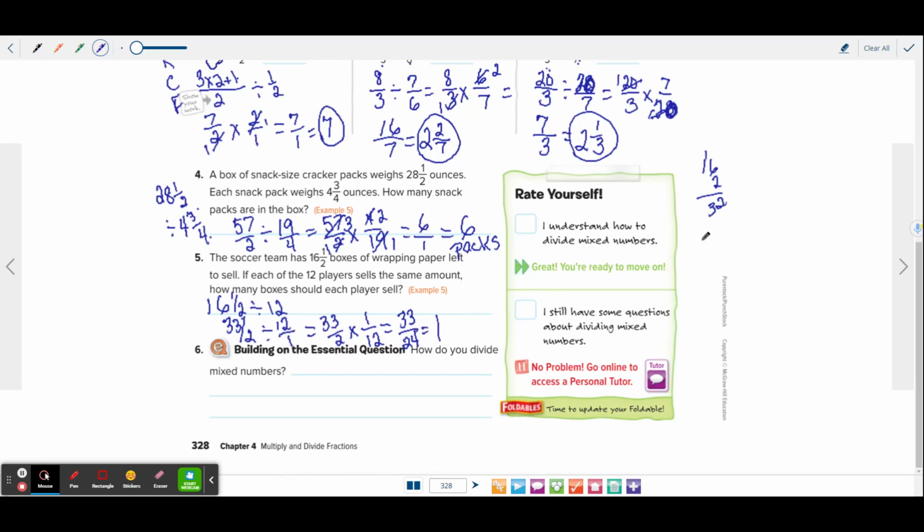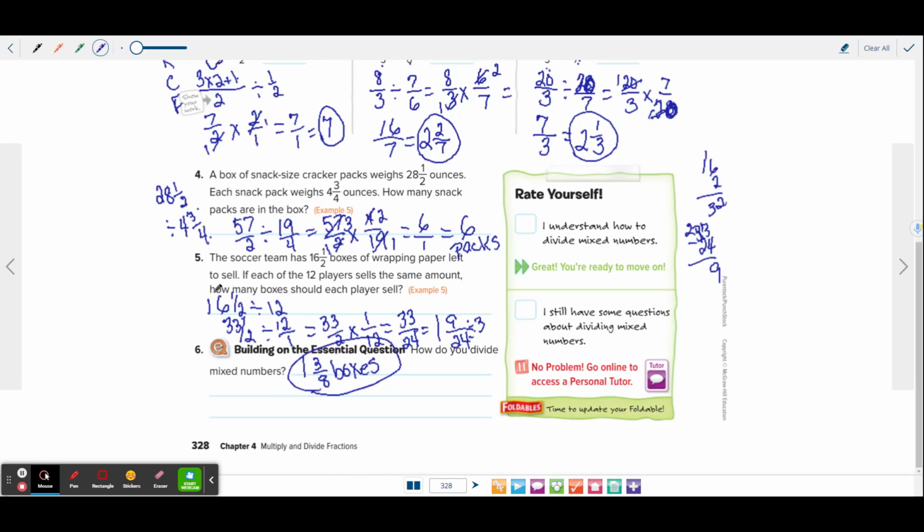That will go in one time. And then we need to do 33 minus 24 to see what we would have left over. We'd have 9 24ths left over. And that does simplify. That's strange. We could divide by 3. So then we would have 1 3/8 boxes.